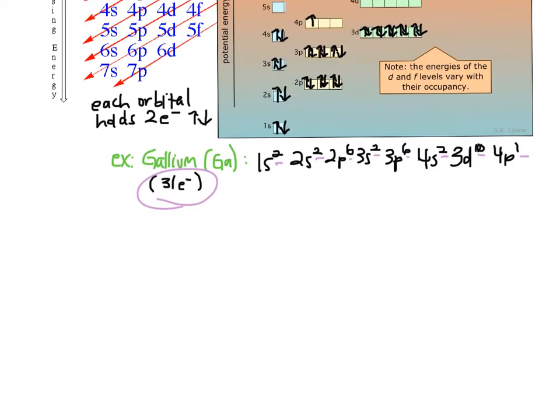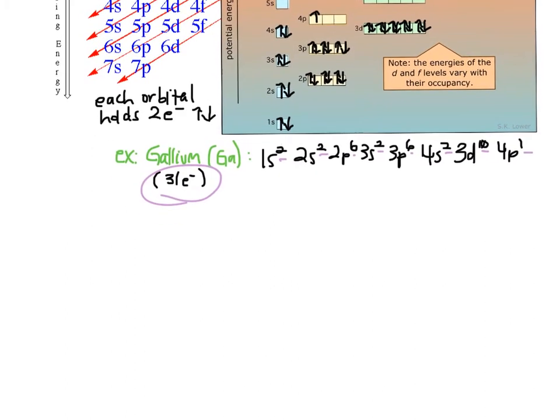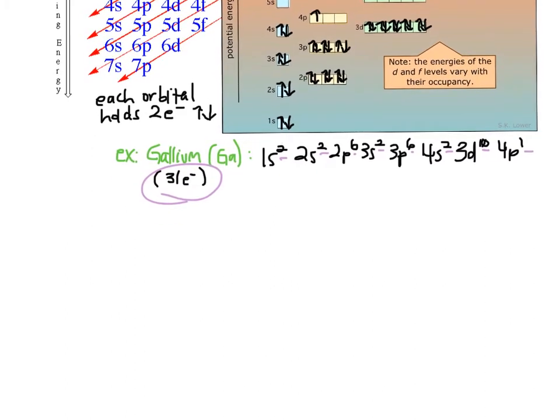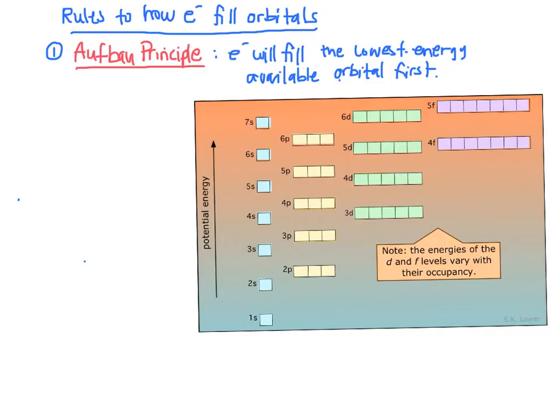Okay, so there are a couple of rules that you need to know about electrons and how they fill these orbitals. The first rule we've actually already talked about, which is called the Aufbau principle. The Aufbau principle states that electrons will fill the lowest energy available orbitals first. Remember, each orbital is going to get 2 electrons.